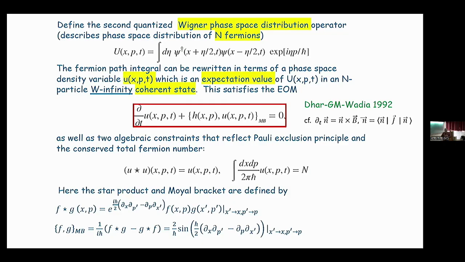So I can represent all n particle states of the Hilbert space by using the completeness of coherent states, and the expectation value of that will be my phase space variable. So I can describe the states themselves in terms of the expectation value of this second quantized operator.